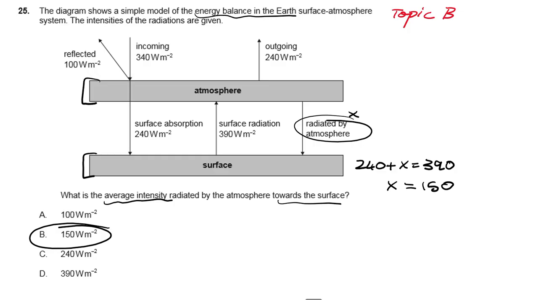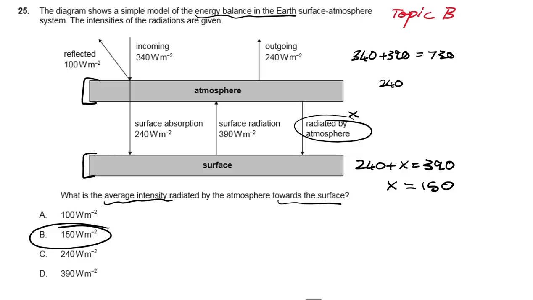Now let's look at the total coming into the atmosphere. That includes 390, right? That includes the 340. So that's 340 plus 390 is equal to 730. Yeah, should be. And then we have 240 going out, 150 going out.